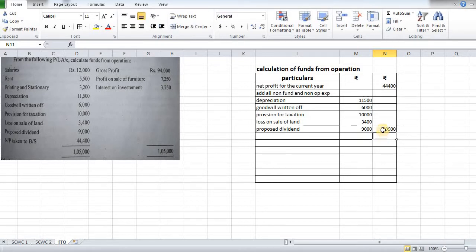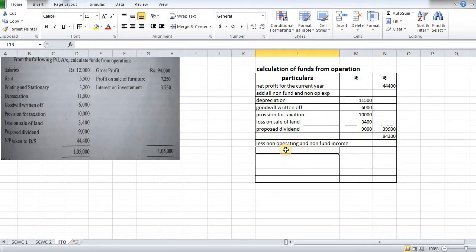Now we will add this value to the net profit. So the total value will be 84,300. Now we have to less all non-fund and non-operating incomes. Less non-operating and non-fund income.